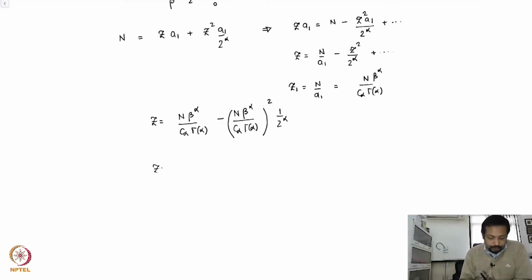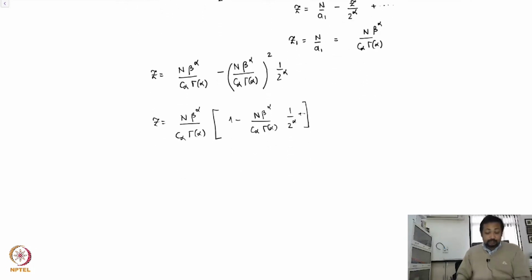So this expression is now n β^α / (c_α Γ(α+1)) minus (n β^α / (c_α Γ(α+1)))^2 over 2^α, plus higher order terms, right? Okay.